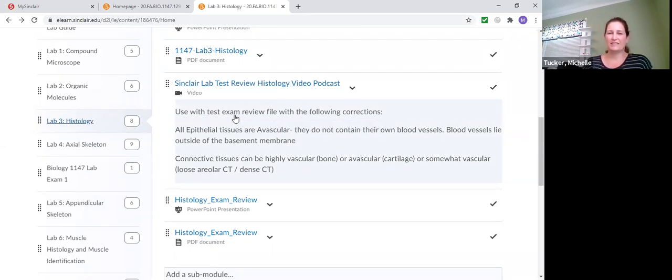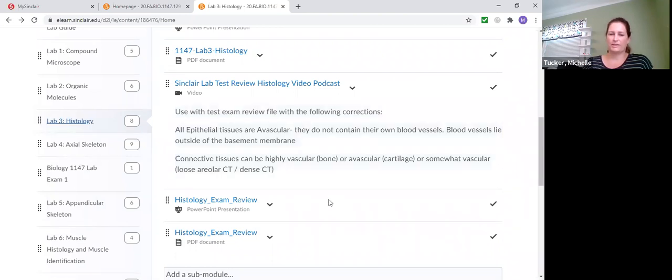But the one thing it's not correct on is vascularization. So it's great, I'm grateful for it, except these two corrections have to be kept in mind: all tissues are avascular. They do not contain their own blood vessels.